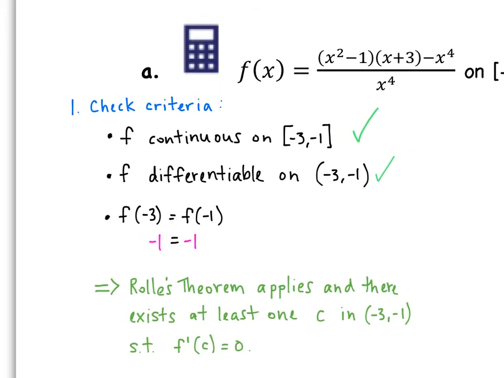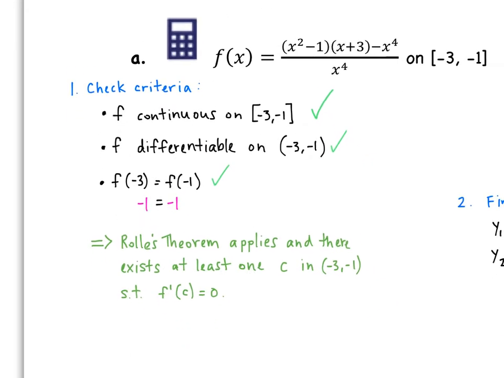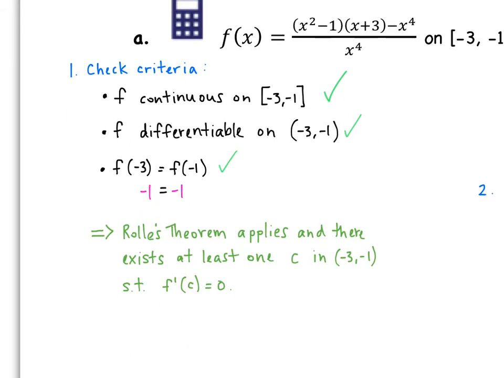So the third criteria is met. Therefore, we can say Rolle's theorem applies, and there exists at least one c in the open interval from -3 to -1 such that f prime of c equals 0.